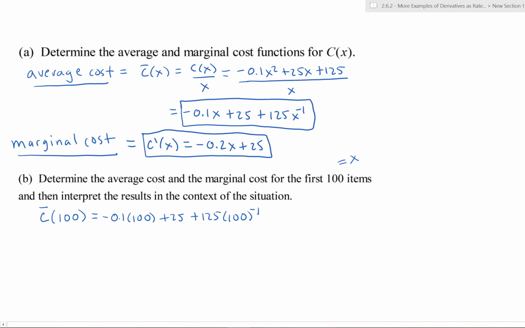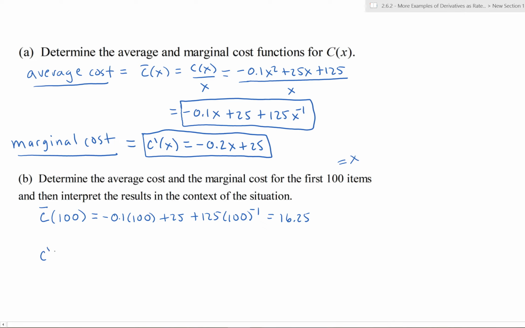And if you press some buttons, this gives us 16.25. Now remember, we're going to interpret that in a minute, keeping in mind that this cost function has units of hundreds of dollars. Okay, so we found it now, but we'll interpret it in a moment.